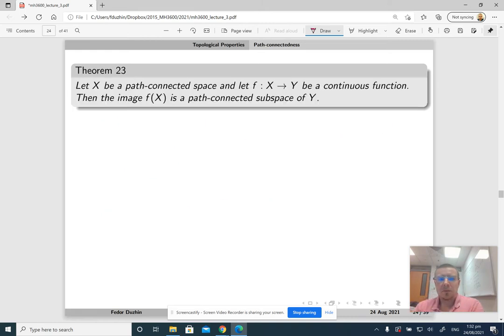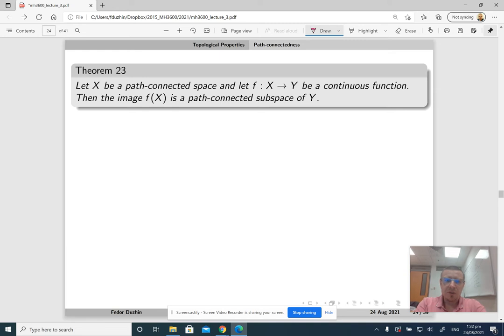All right, now, path connectedness is similar to compactness in that a continuous image of a path connected space is again path connected. Let me prove this. Again, just like for compactness, it is not very hard to prove.